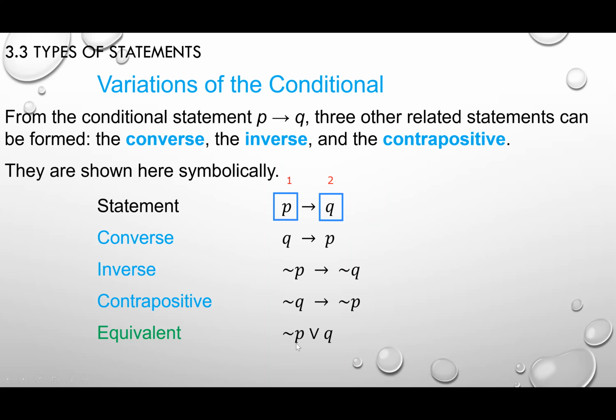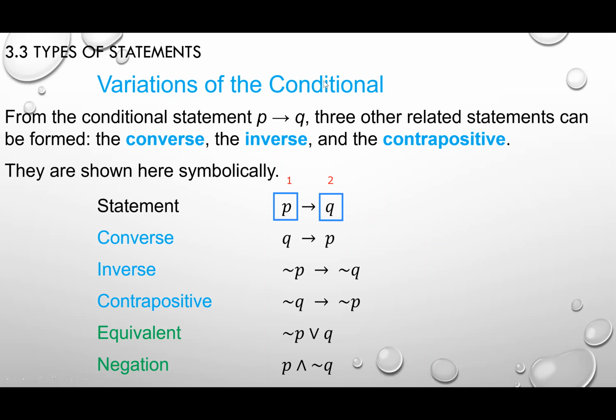You negate the first one, change it to the or statement, and keep the second one. That will be your equivalent. And lastly, your negation. The negation of the conditional statement is the and statement: you keep the first one and you negate the second one.